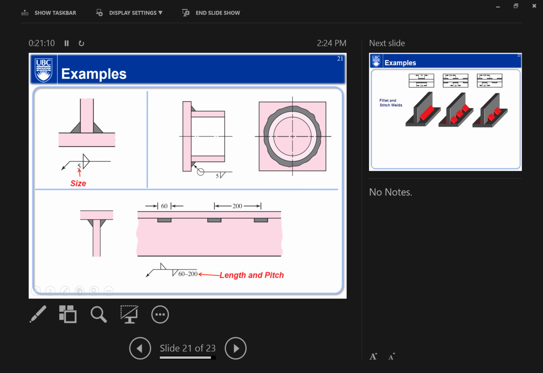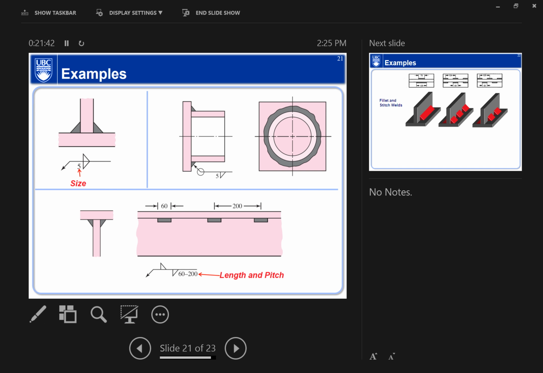And the bottom here, you can see this is slightly different now. You have an arrow and the horizontal reference line. Then you have a triangle on both sides of the reference line, but they kind of separate from each other a little bit, and there's a number saying 60 to 200. Basically what you have is spread out welds, not a continuous weld from one side to the other.